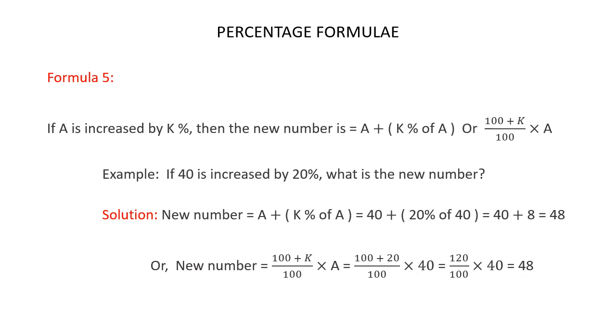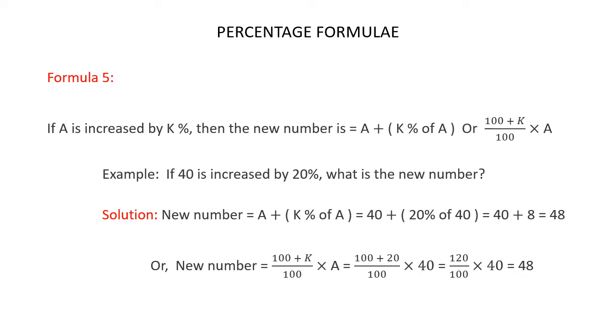So 40 plus 8 is 48. So the new number here is 48. Here 20% of 40 is the increased value. So when you add the increased value with the original number, you'll get the new number. So 40 plus increased value 8 is the new number 48.